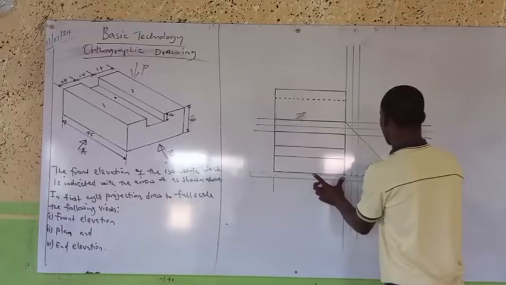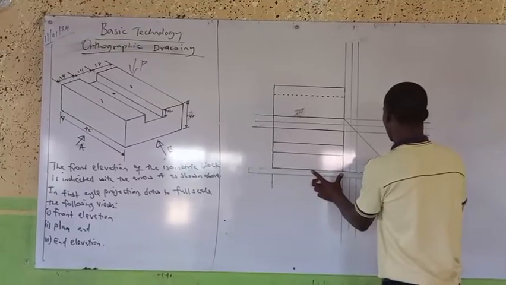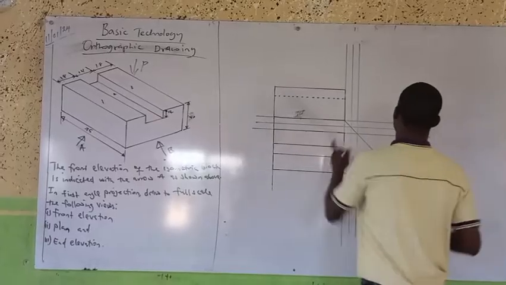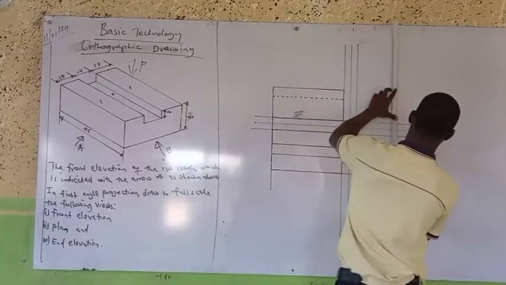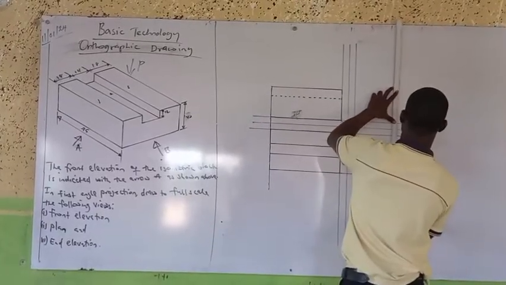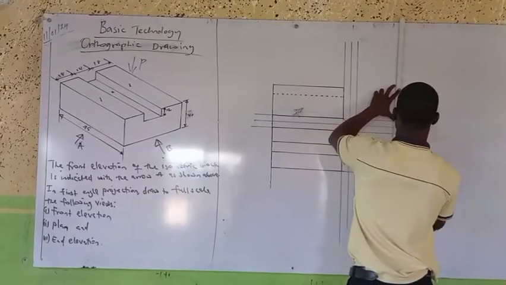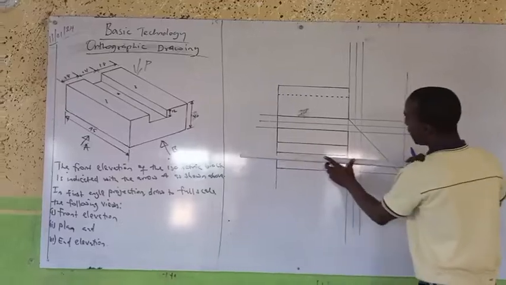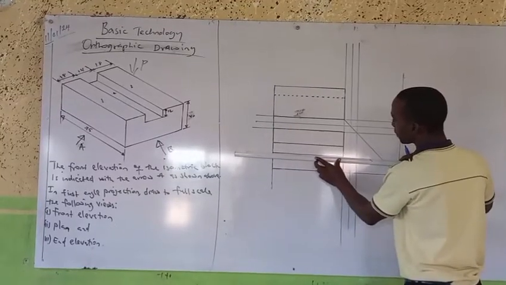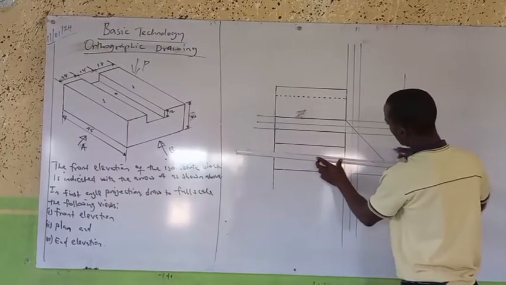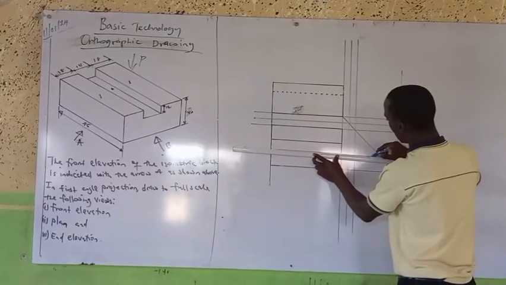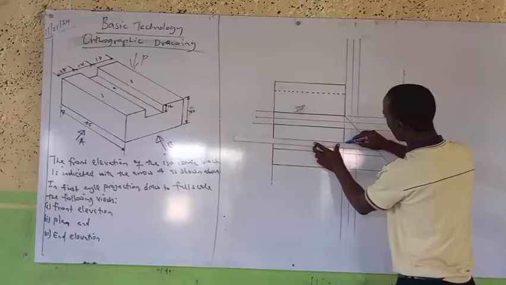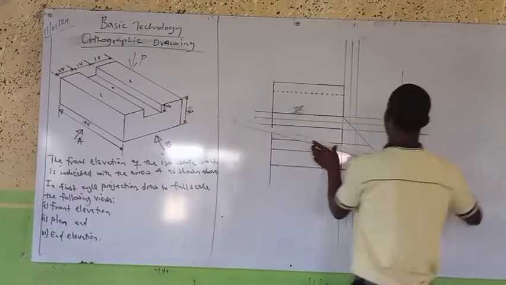I project it. Let me use the construction line using my blue. Then I project this one out. Every detail is important to us. I project this one out, and this one out as well.